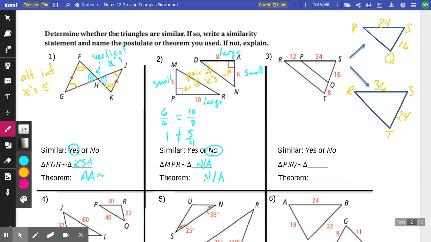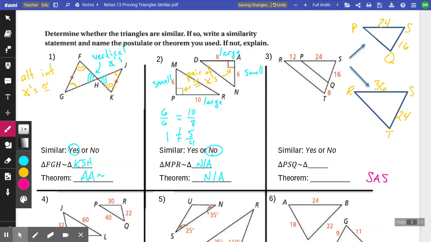Okay. And so in this one, we only have 2 pairs of sides. And so we have to think about what theorems are in play. In each triangle, we know 2 sides, and we have a theorem that uses that. It's called side angle side. And in order to use that, we also need a pair of angles that are congruent. So do we have congruent angles between these 2 triangles?